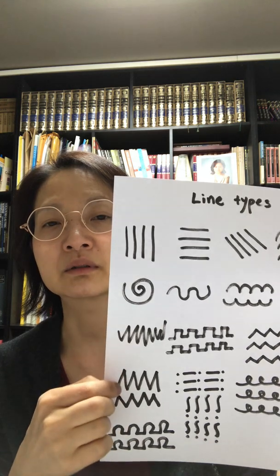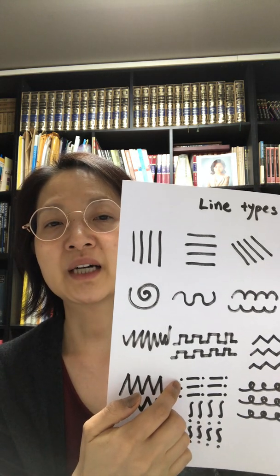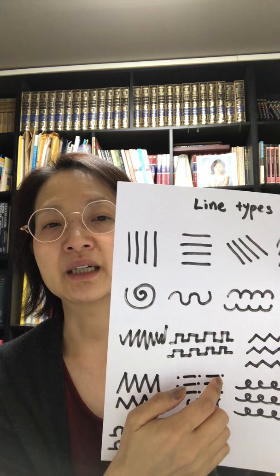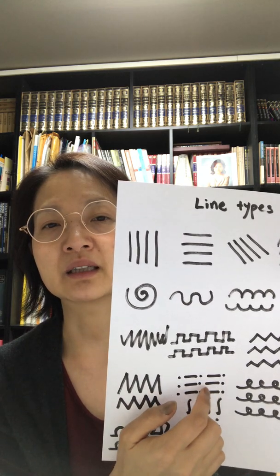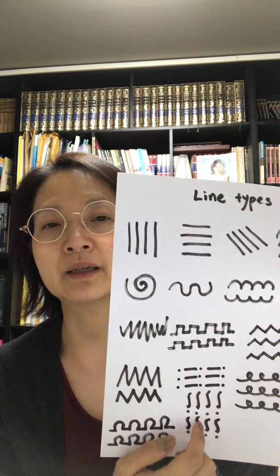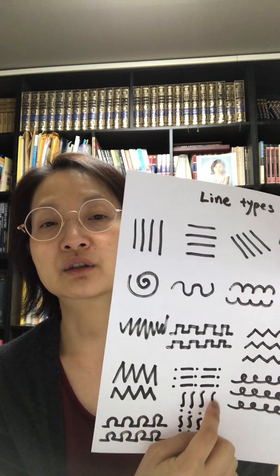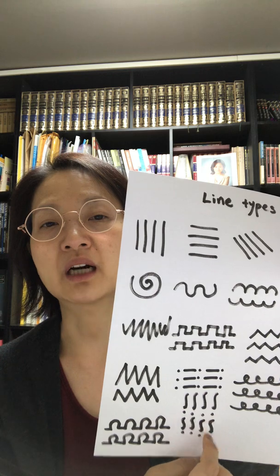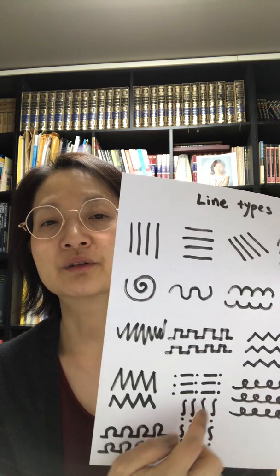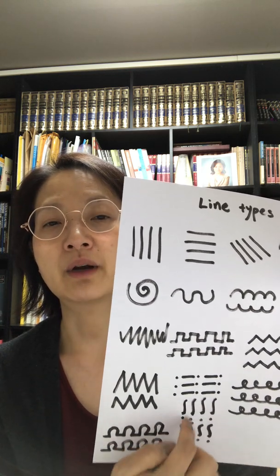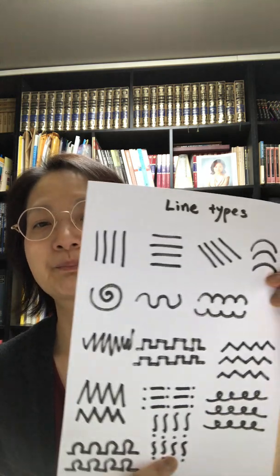This is a dotted line, dotted lines, repeated. Some of the lines have a little bit of a curve, right? Curly dot, curly dot, curly dot. So it gives various repetitions, right?